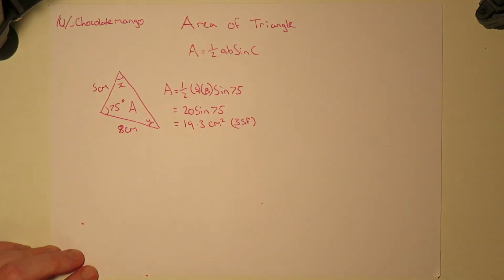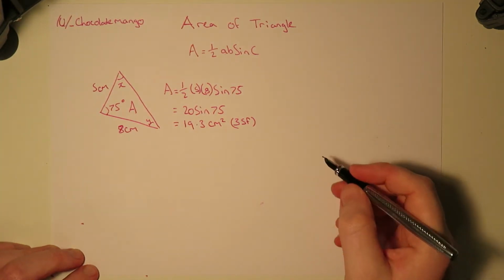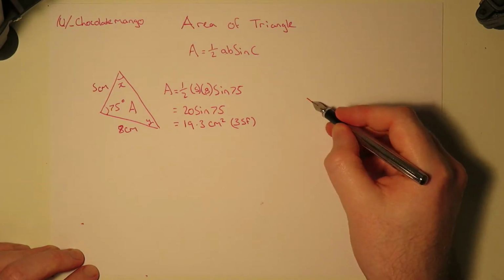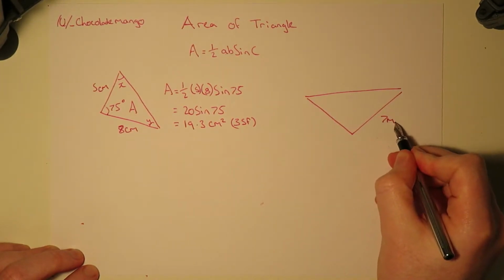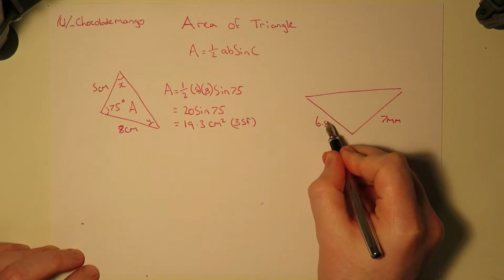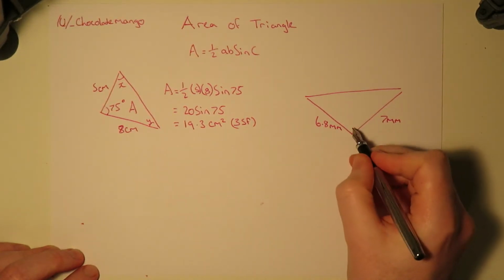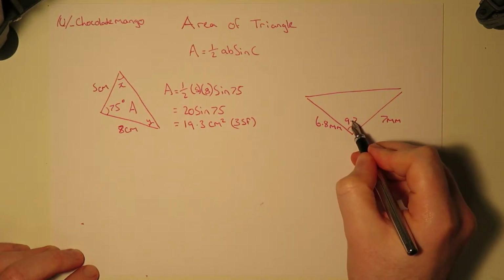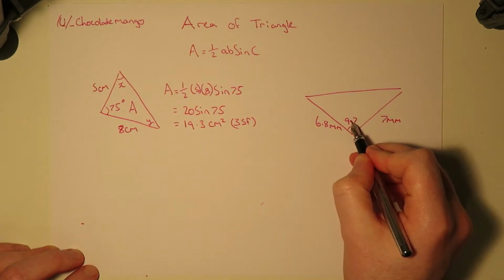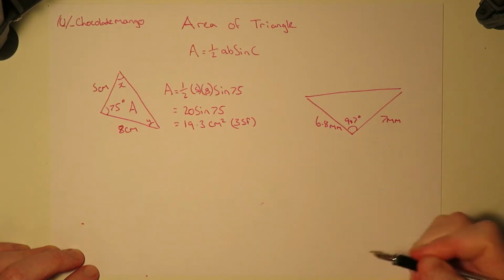Okay, so let's try another one. We have another triangle, and I should have thought this through a little bit because now I'm not going to be able to put my calculator in the same spot. Oops, that shouldn't be a point there, just ignore that decimal point. 97 degrees.